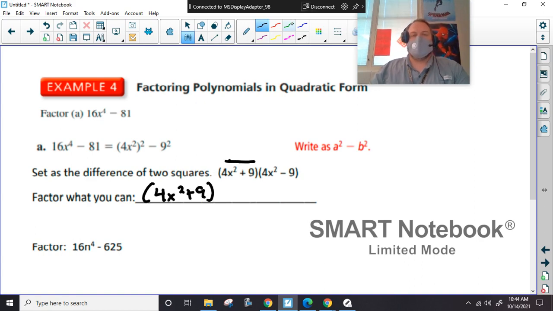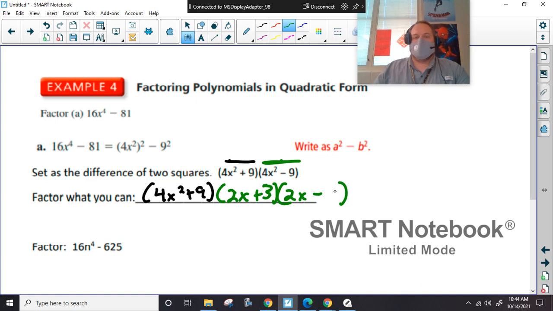But this is actually a difference of two squares. What's the square root of 4? 2. Thank goodness somebody answered that one. What is the square root of 9? And we're done.